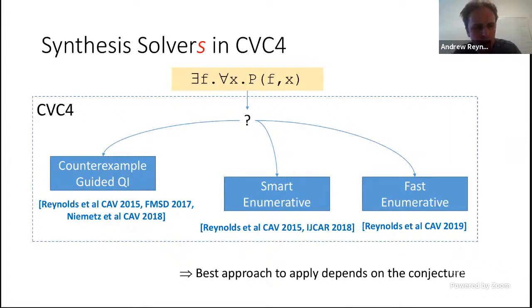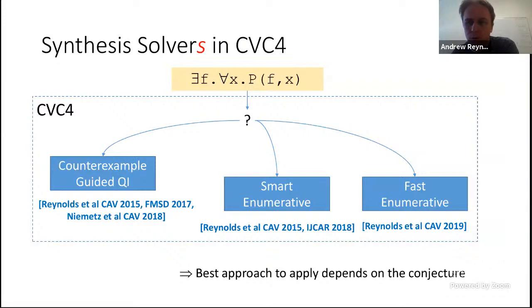The first is counterexample-guided quantifier instantiation. This is an idea that we brought up in CAV 2015, and we've been working on extensions of it in the past few years. There's also what we call the smart enumerative solver and the fast enumerative solver. Again, I'm just giving some references here to some of the papers where we describe these techniques. And the best approach to apply here depends on the synthesis conjecture.